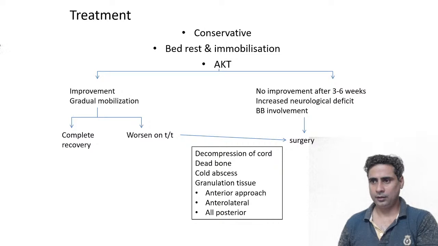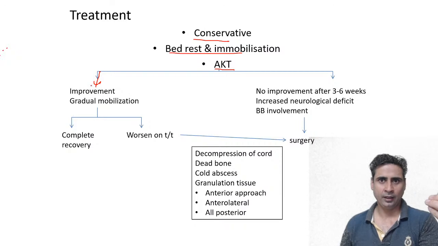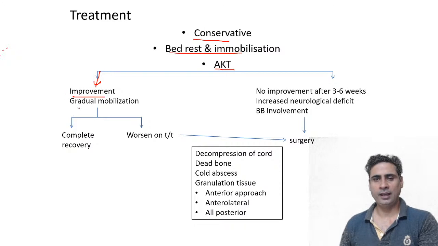Treatment, once again, start with conservative treatment: bed rest, immobilization and AKT. If the patient is improving neurologically, there is recovery in neurology, we carry on conservative treatment and gradual mobilization till complete recovery.